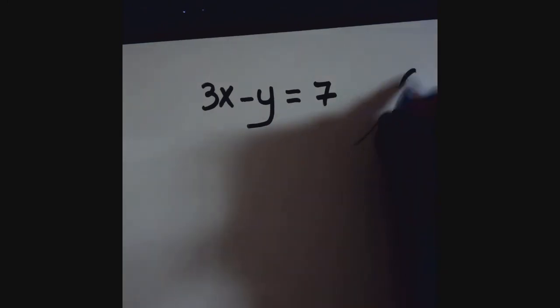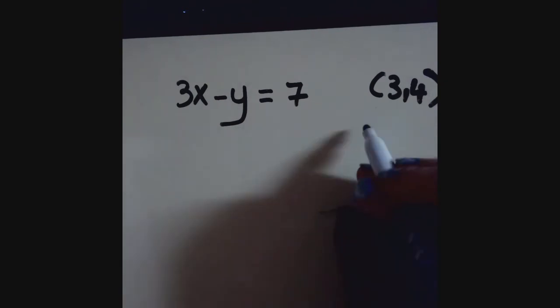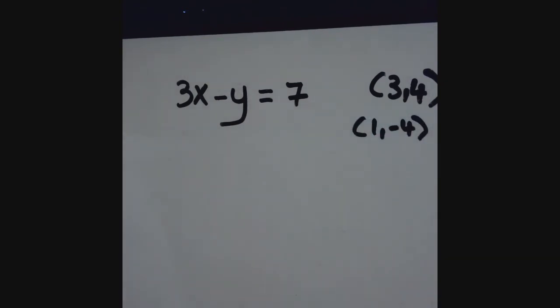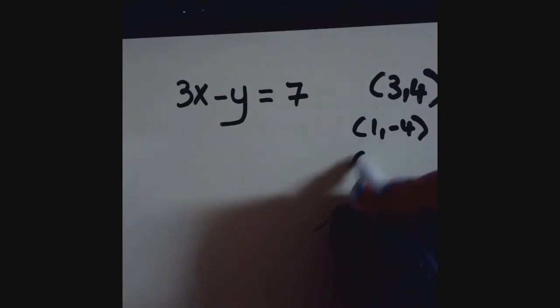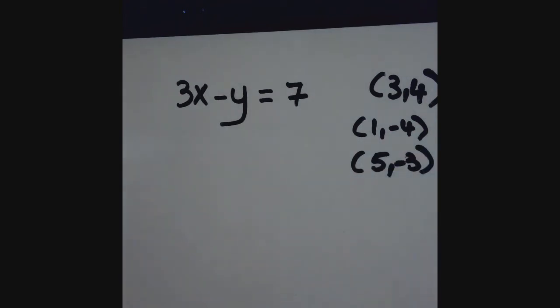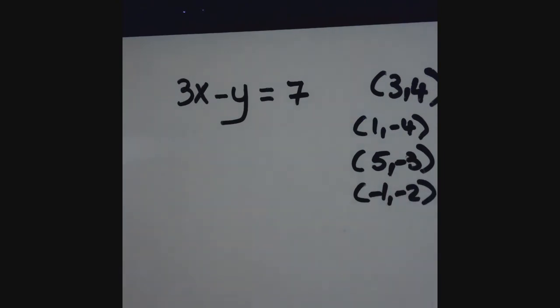So I'm going to write the choices down. (3, 4) is one ordered pair, and we've just done ordered pairs. (1, -4), so x of 1 and y of negative 4. (5, -3) is another ordered pair, and the last one is (-1, -2). Alright, so one of these is a solution.